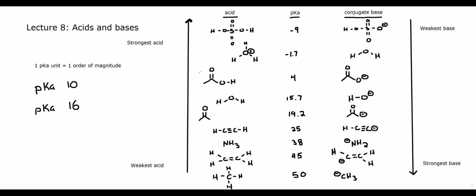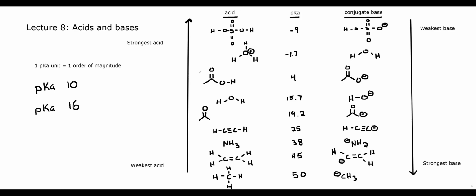So this is a nice spread ranging from -9 up to 50, where we can get an idea of what are some strong acids and what are some weak acids. And inversely, what are some weak bases and strong bases.